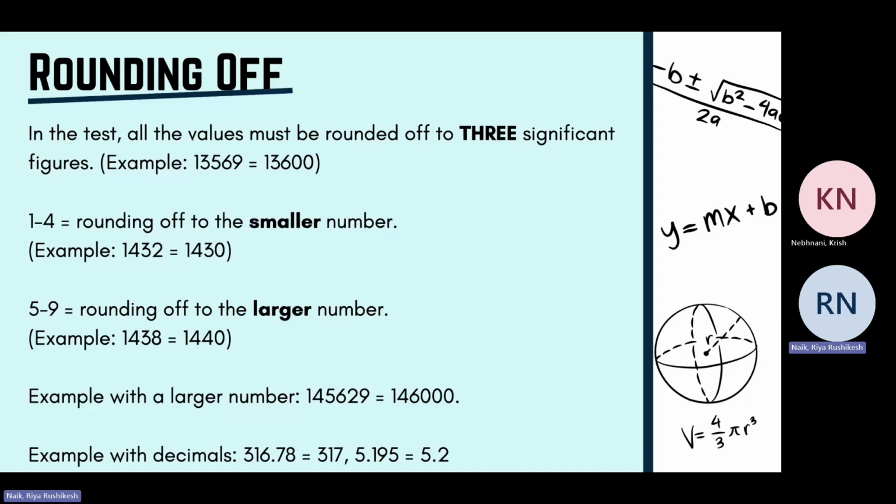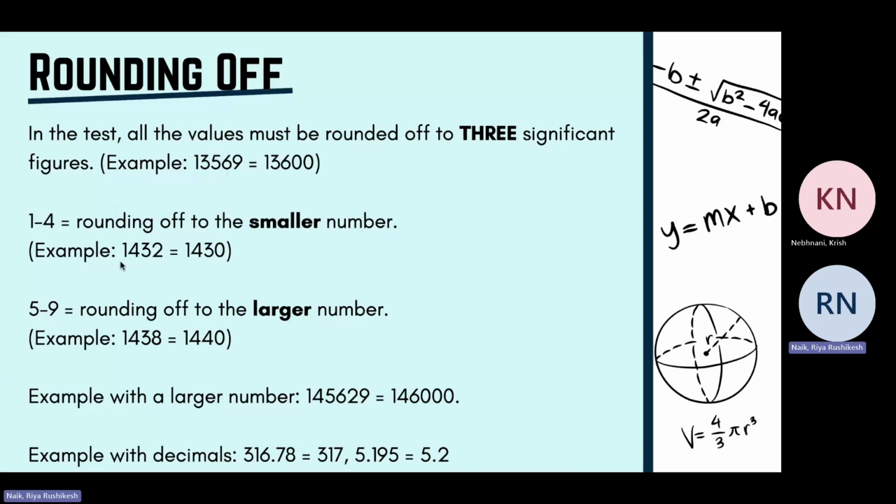Since you have to enter it in three significant figures, the fourth number in your answer is always going to be the deciding number, which will help you figure out which way to round off. So if the fourth number falls between 1 and 4, then the rounding off is going to be to the smaller number. But if it falls between 5 and 9, then the rounding off is going to be to the larger number.